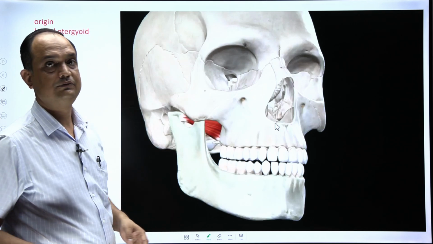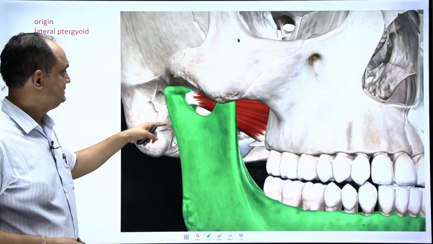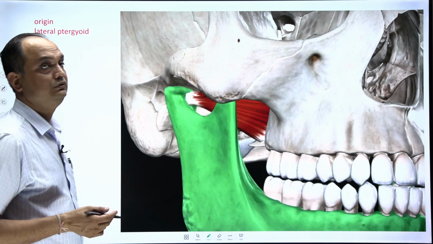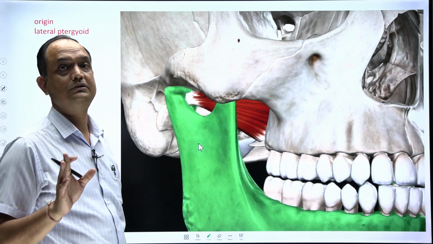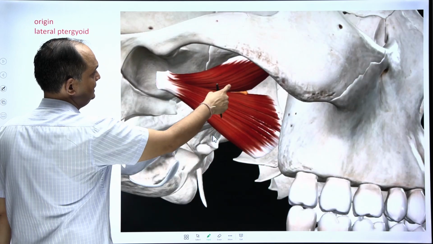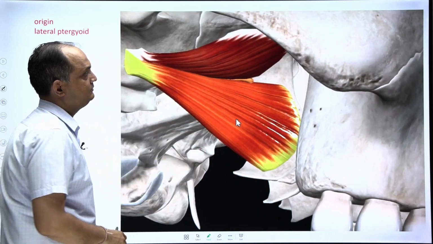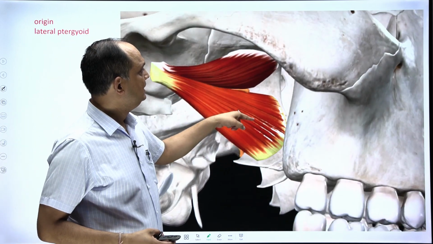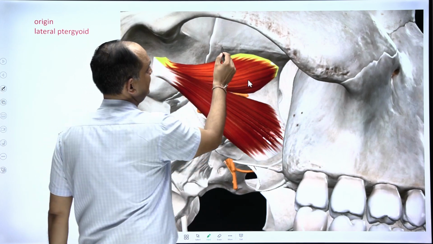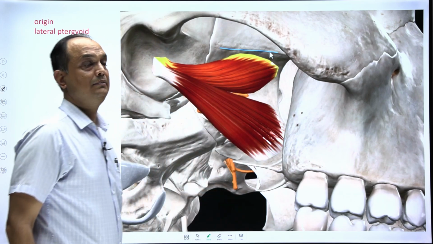So here in this video clip you can appreciate this is the mandible. We have to remove the mandible if you want to see clear images of infratemporal fossa. After removal you can see the lateral pterygoid muscle. This muscle has upper and lower head. This crest is known as infratemporal crest.